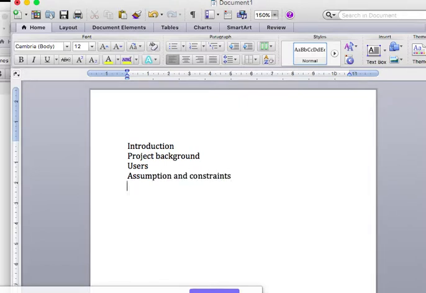And under that you want to write assumption first, and then you want to define constraint. Within that you want to define business constraint. And then you may want to define technical.